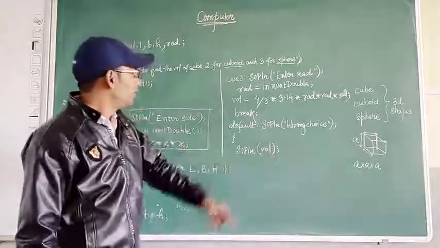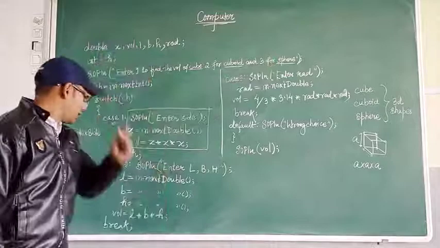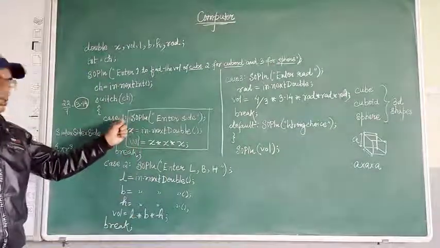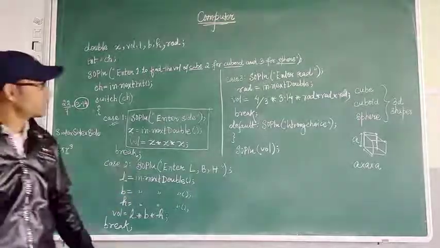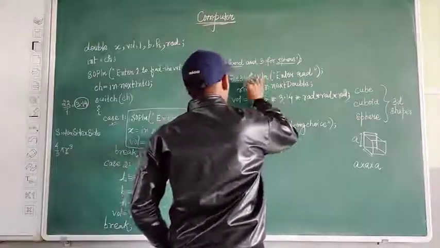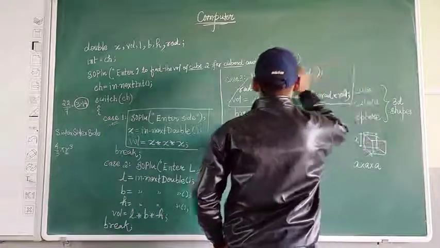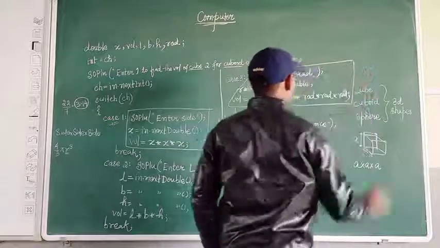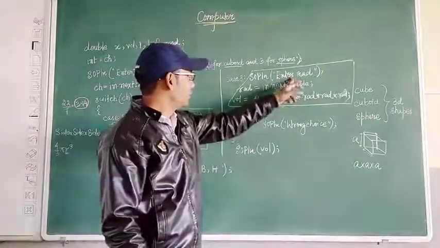If the user gave 3, that means sphere, it will match for this one. This is not matching with 3, this one not matching, then this one, so this whole part will be executed. System.out.println, enter radius, this will be displayed.